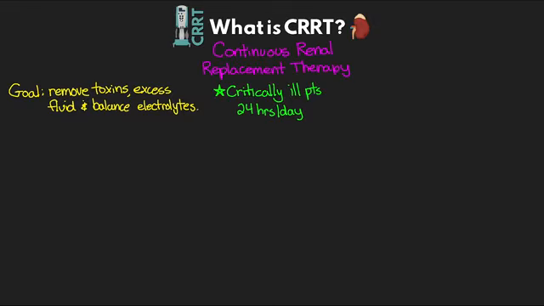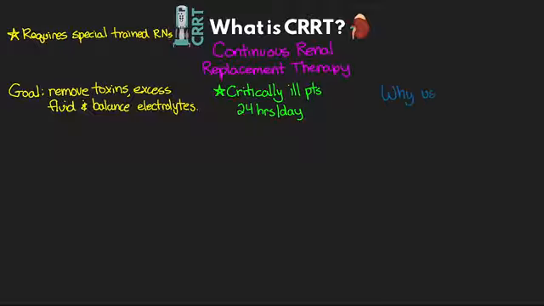Now, in order to operate the CRRT machine, as well as to take care of the patient that's receiving the therapy, it really requires specialized nurses who have been trained in this therapy, as well as the physiological impact that this therapy is going to have on the patient. Now, these patients are often very sick and, to be honest, quite time-consuming. And in many facilities, these patients who are on CRRT are staffed as one-to-ones.